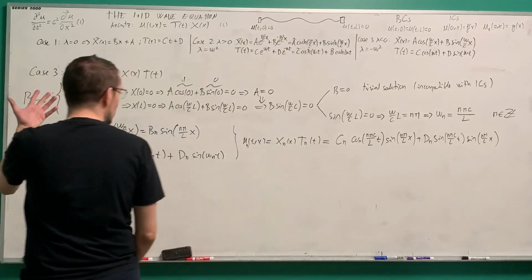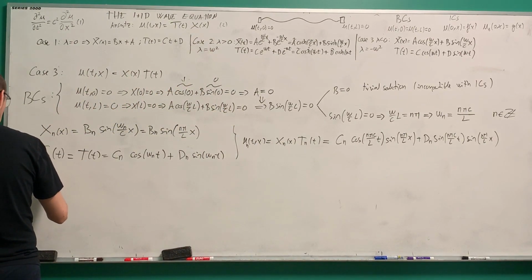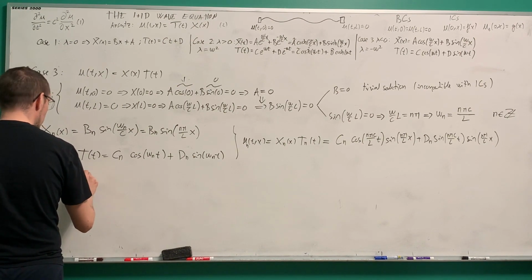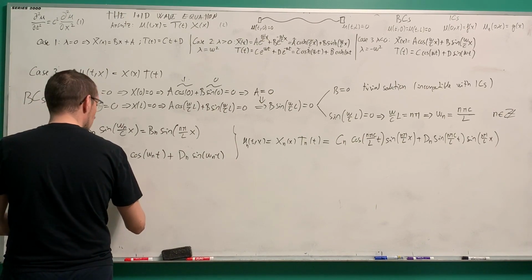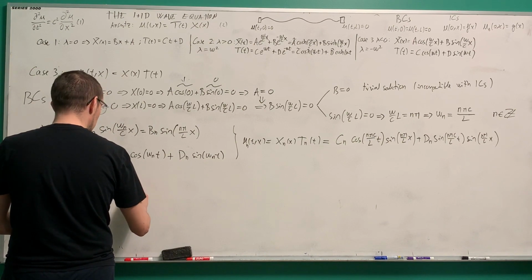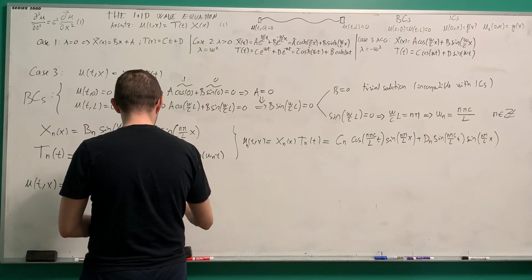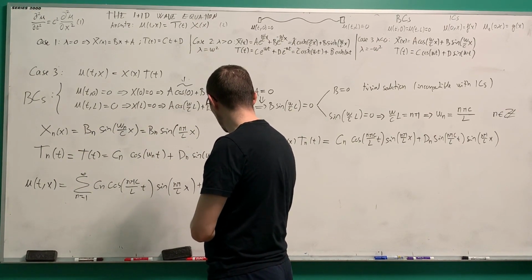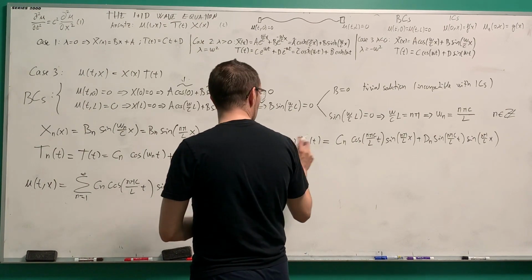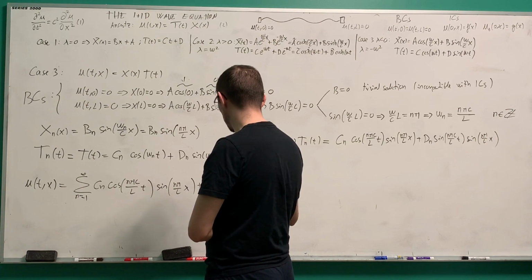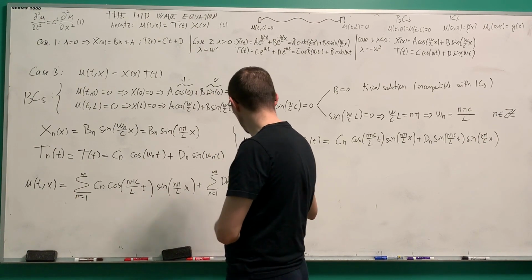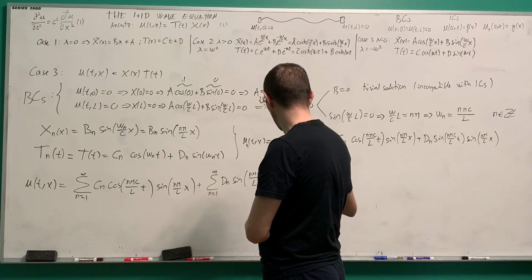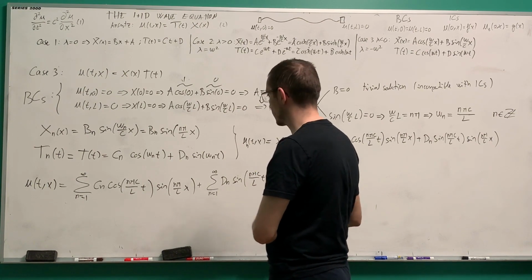So the general solution that satisfies the boundary conditions would be u(t,x), the sum of all the u_n's, so it's the sum n equals 1 to infinity of c_n cosine(nπc/L t) times sine(nπ/L x), plus the sum n equals 1 to infinity of d_n sine(nπc/L t) times sine(nπ/L x).